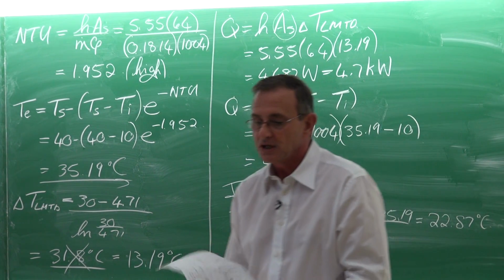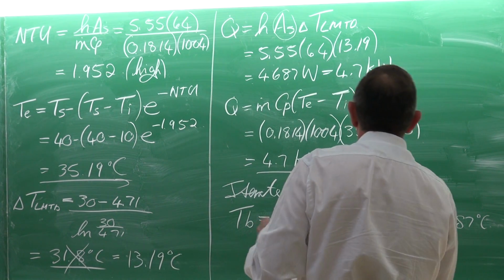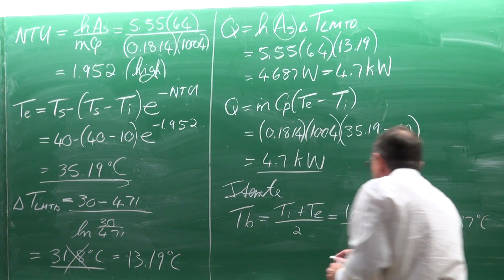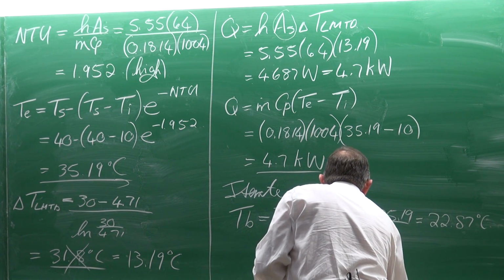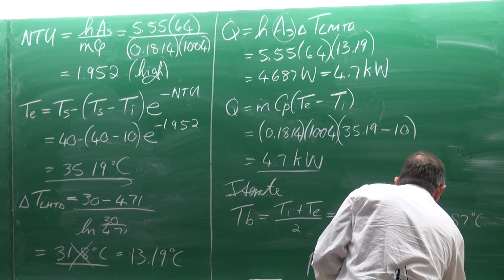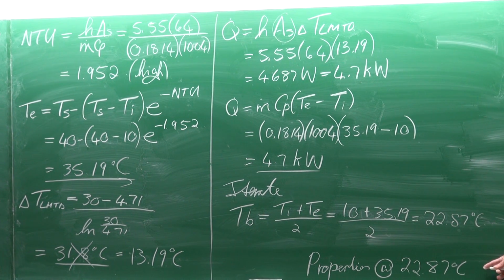So the bulk temperature is now higher than before. So at this temperature, you can go and get the properties at 22.87 degrees Celsius.